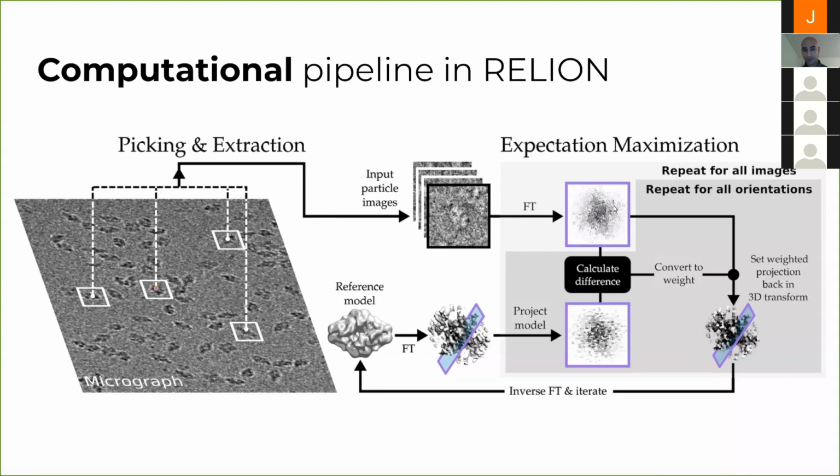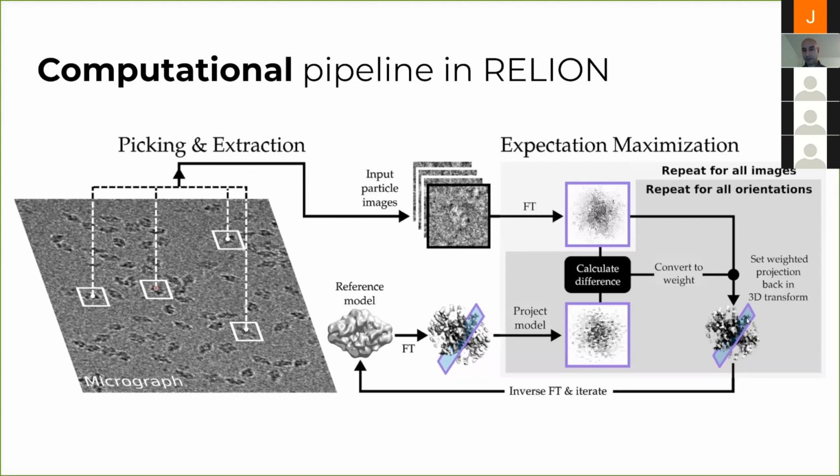It's done using something called expectation maximization. The expectation maximization is built up of two steps, the expectation step and the maximization step. What you see in this figure here is mainly the expectation step, where you take slices, projection images of your 3D model, your initial guess, and then you compare those projections with your images, and you back project those images into a 3D volume.